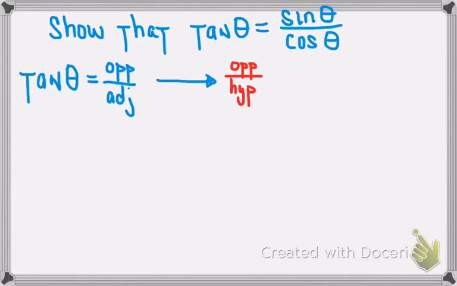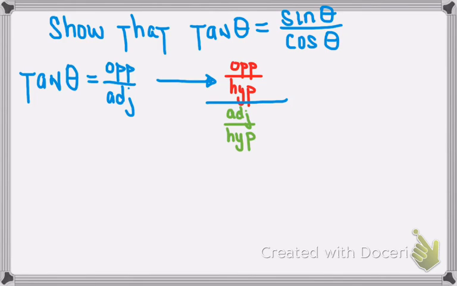Watch this. So I know over here that the sine is opposite over hypotenuse. I know that the cosine is adjacent over hypotenuse. So do you see what I did is I changed this into that's the sine, this is the cosine.